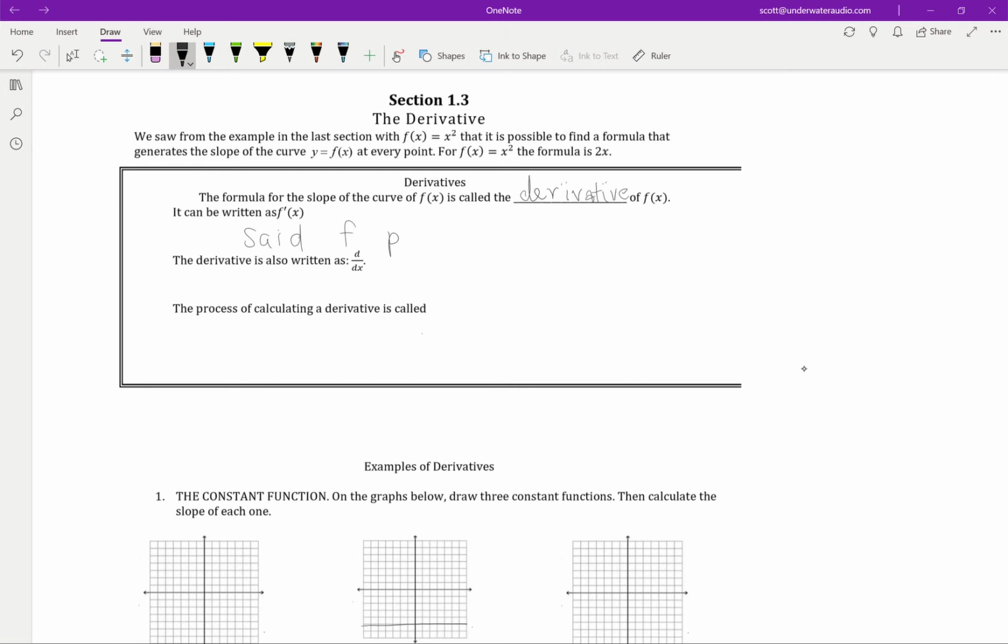It can also be written as d over dx, like this little fraction. And the way that's said is the derivative with respect to x.